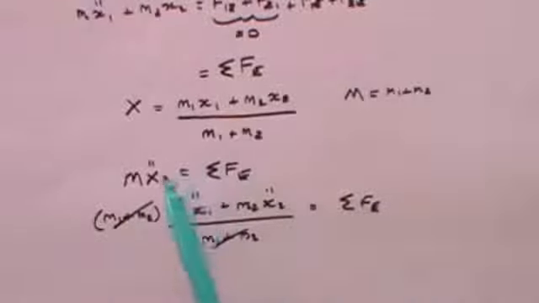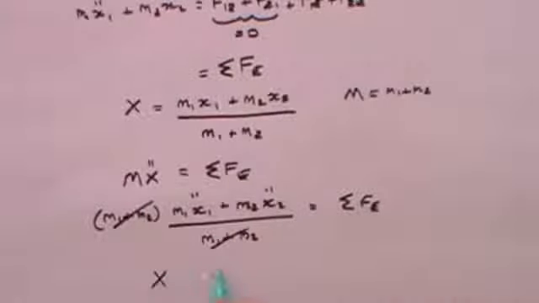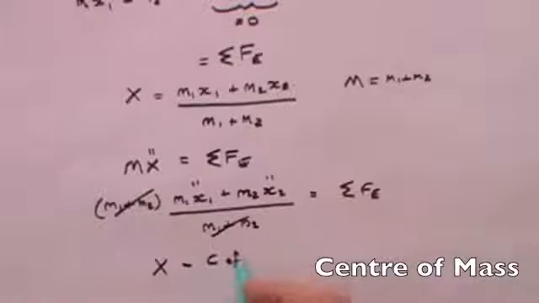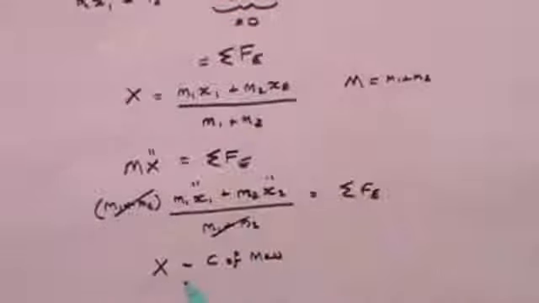And now we can reveal what X is. X is the position of what is called the centre of mass. In other words, X is the position at which all the mass of a system or a body can be thought to reside.